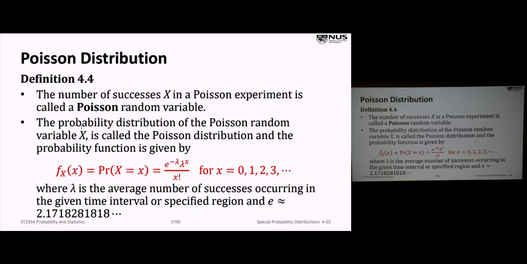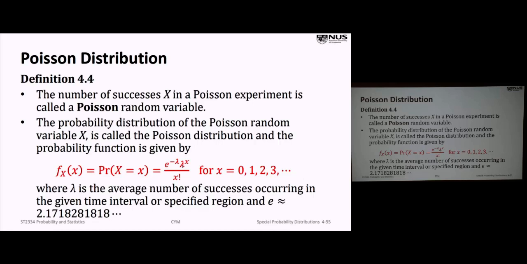If you denote the number of successes in a Poisson experiment, it's called a Poisson random variable. The probability distribution of such a random variable X is defined as follows. If you take one thing from what I've said in this section, it's this. You take a parameter lambda.